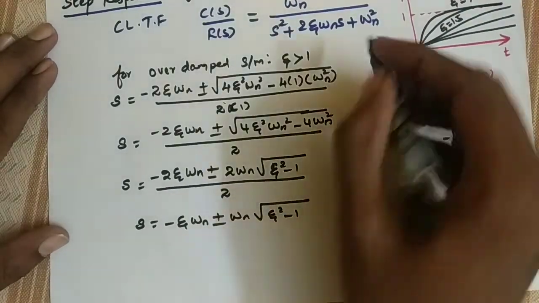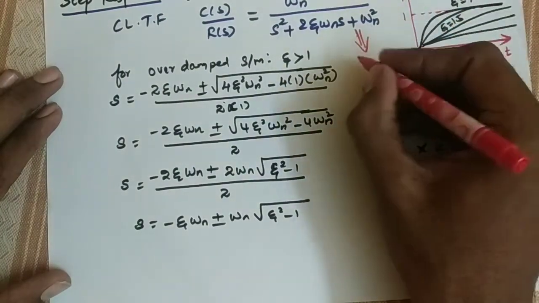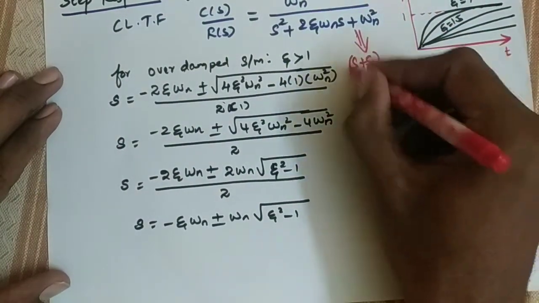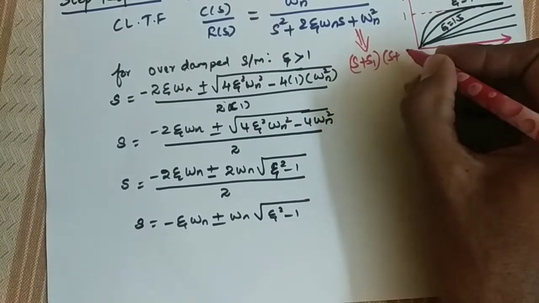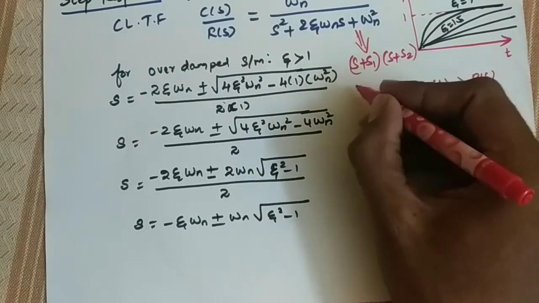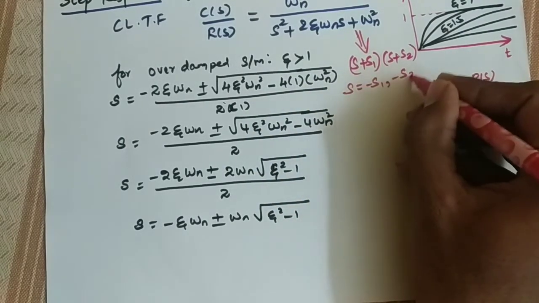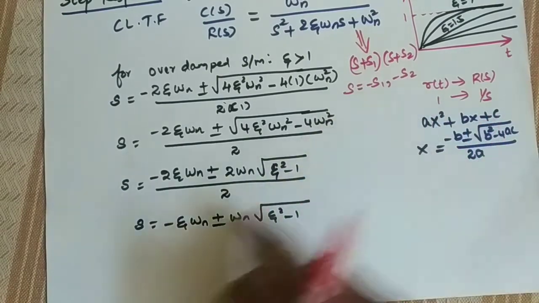Actually this equation is going to be separated into two parts, s plus s1 and s plus s2. So the roots are minus s1 and minus s2.